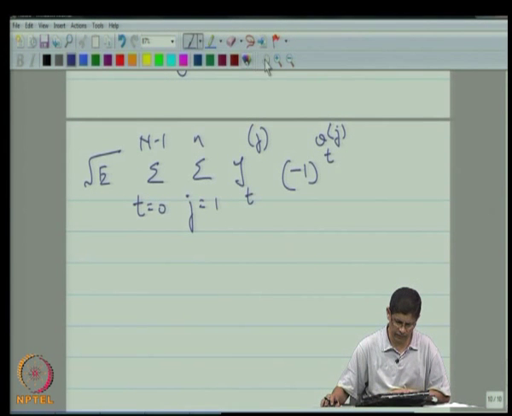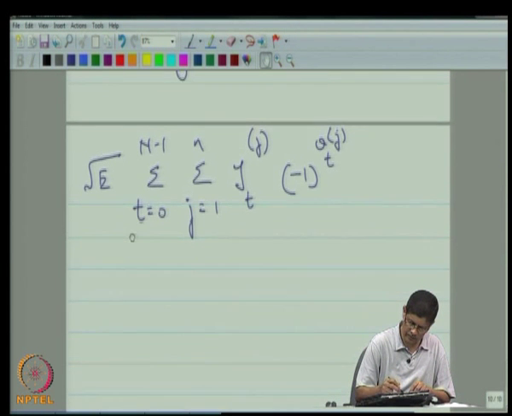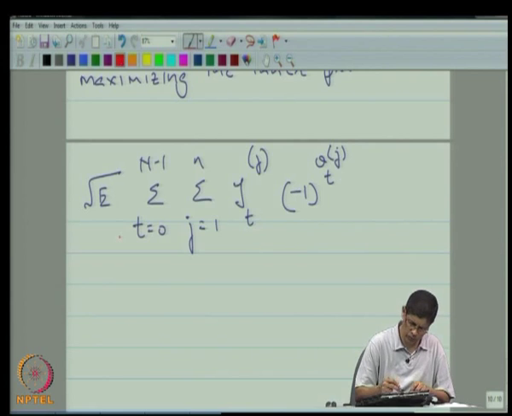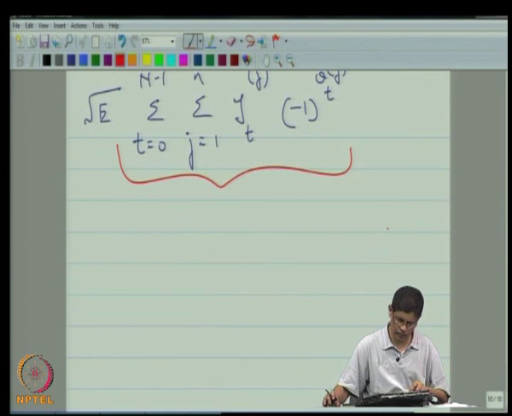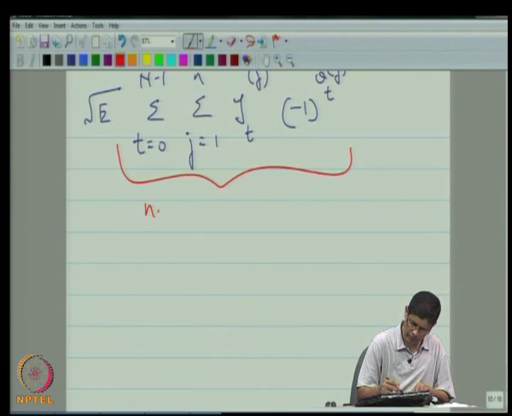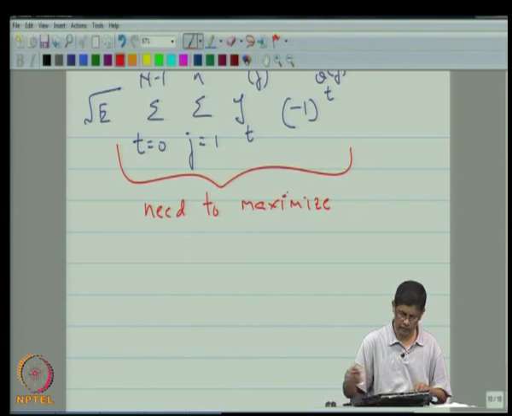Again here once again this constant root E is of no consequence. So, then this is what we choose to maximize.